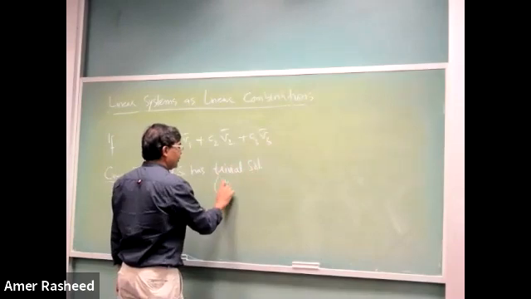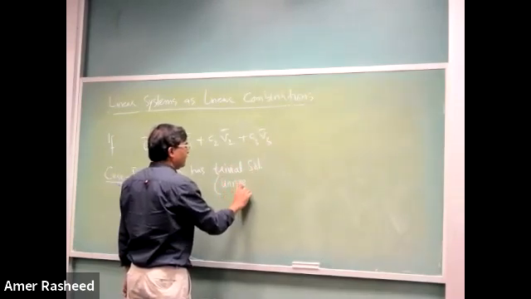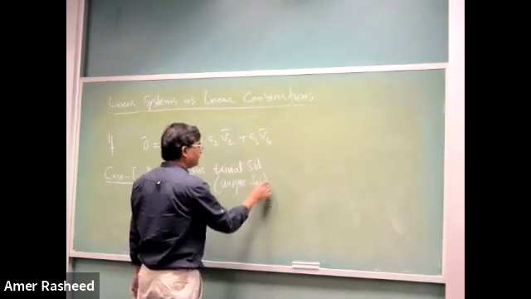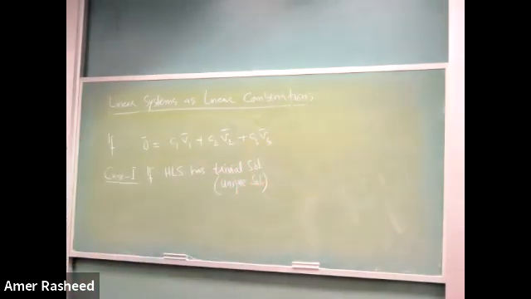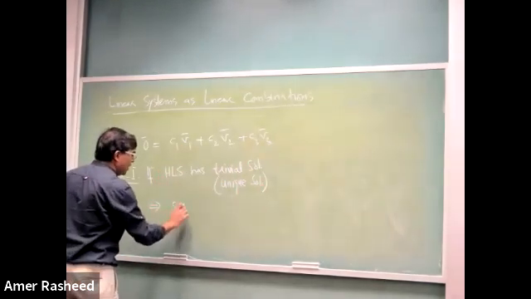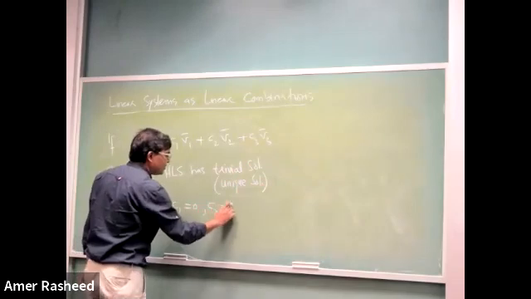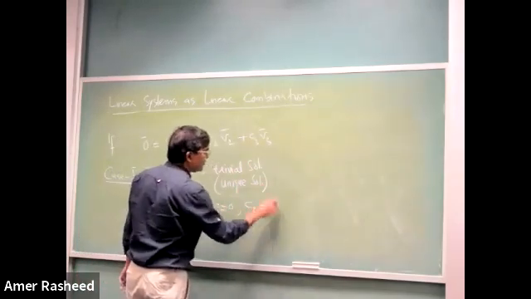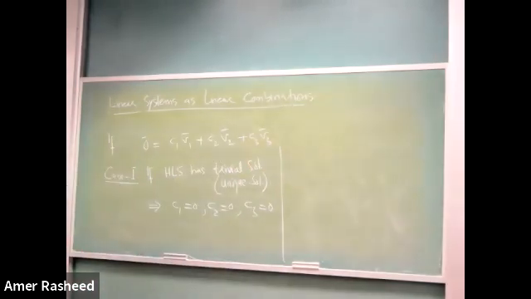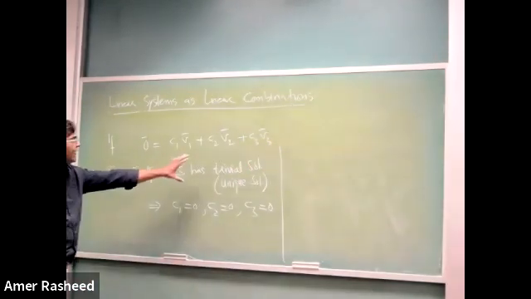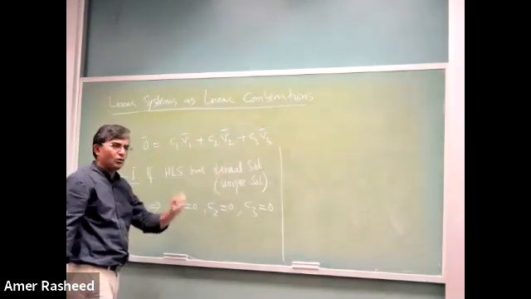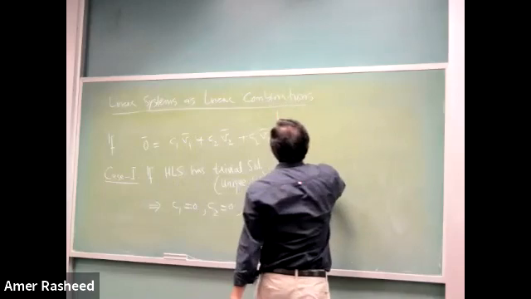The unique solution of a homogeneous linear system is always a trivial solution, which is the 0 solution. If this homogeneous linear system has a trivial solution, what does it mean? This implies C1 is equal to 0, C2 is equal to 0, and C3 is equal to 0. That will be so, right? If the homogeneous linear system has only the trivial solution, then C1, C2, C3 will all be 0. What is the second case?